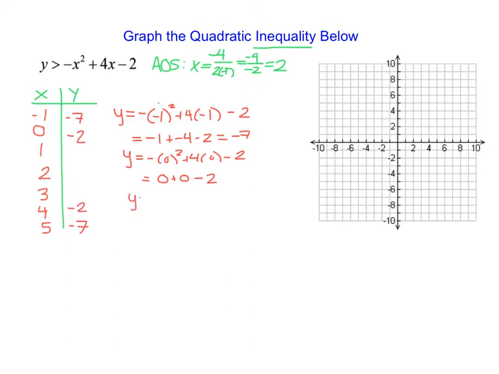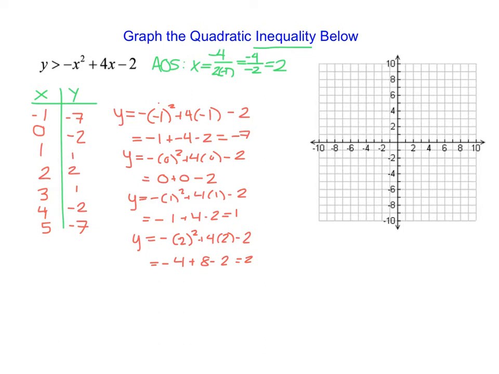And then here we have y equals a negative 1 squared plus 4 times 1 minus 2. Well, that becomes -1 plus 4 minus 2, which becomes just 1. And then finally we have y equals a negative 2 squared plus 4 times 2 minus 2, which gives me -4 plus 8 minus 2, which is a positive 2.